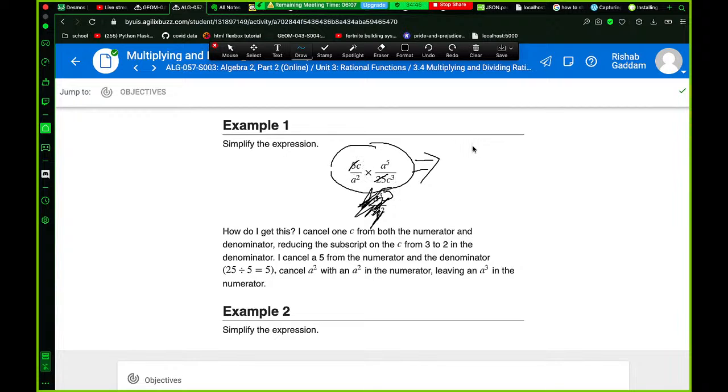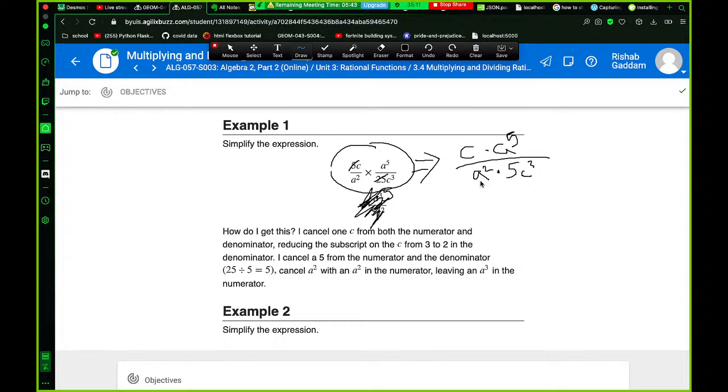So that becomes c times a to the power of 5 over a squared times 5c cubed. Okay, so now there's still more stuff to cancel out because of the variables.